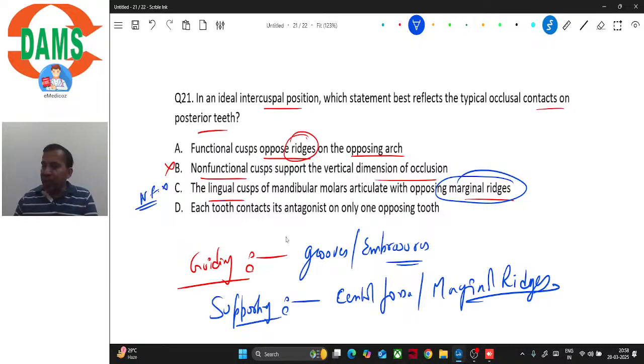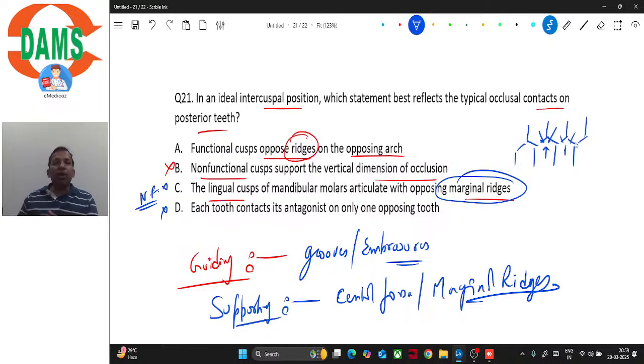Option D, each tooth contacts its antagonist on only one opposing tooth. So again this is incorrect, because every tooth has a contact with 2 opposing teeth, isn't it? We have studied in the class, we have made this picket fence diagram, where each tooth has a contact with at least 2 opposing teeth, isn't it? So here we can see that it is contacting with 2 opposing teeth.